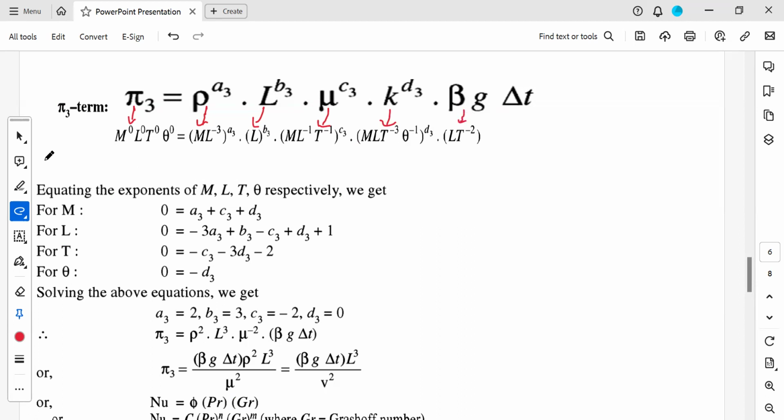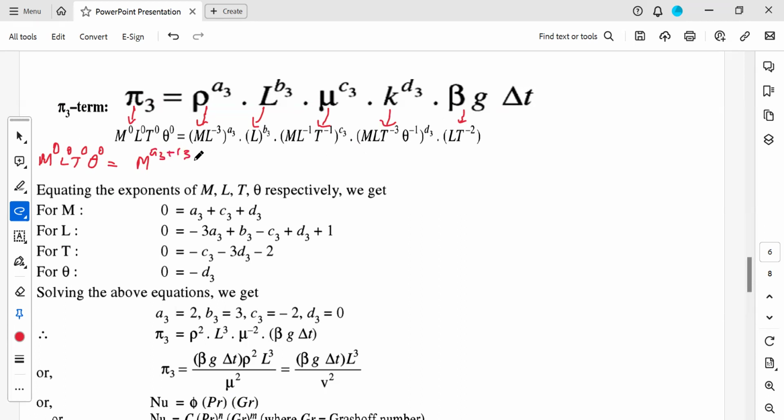Now we will write the powers of each term. This is M^0 L^0 T^0 Theta^0 is equal to this side now. The M powers will be, from the first term you will get a3. From the third term you will get c3.